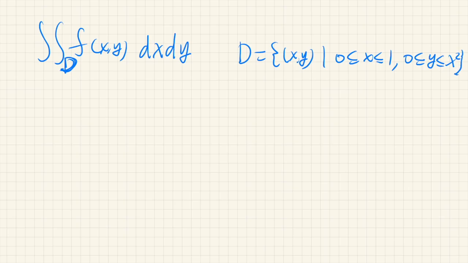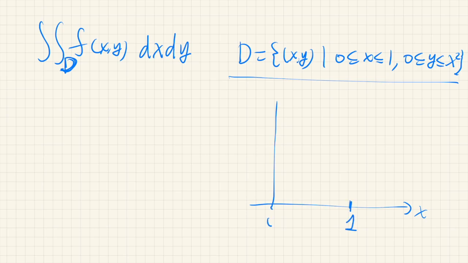Then how can we apply an iterated integral for this? To do this, first we should draw a picture of this region. So x is between 0 and 1, and y is between 0 and x squared. So x squared is something like this, right? So that is 1. So y is between this and this.